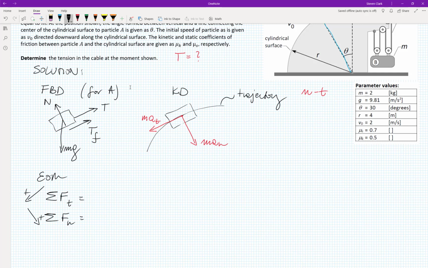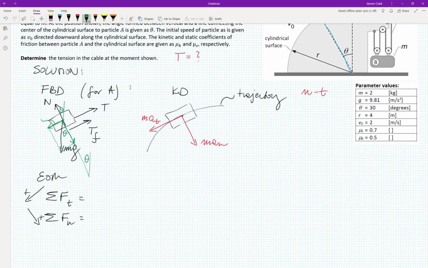Okay, so we have mg. I have to project mg quickly, right? So mg acts this way and this way. Theta is, I believe, here, so that means that theta is here, and that means that theta is here.